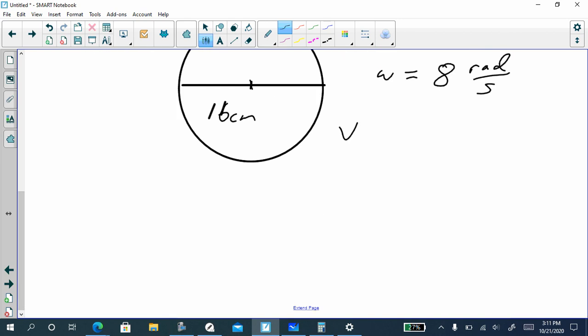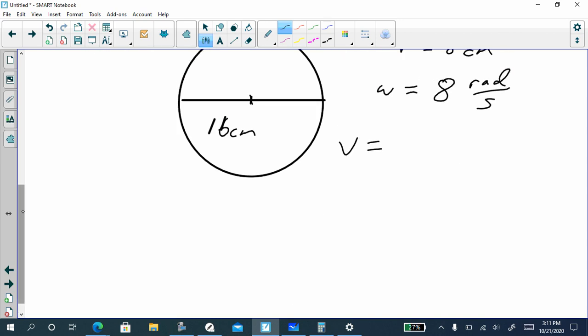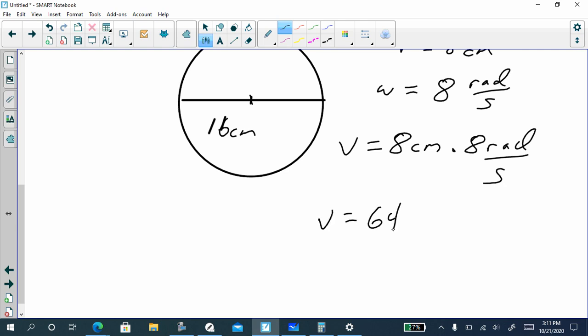So v equals r times omega. So our velocity is 8 times 8, so 64. Radians are basically unitless. So the remaining units are centimeters per second.